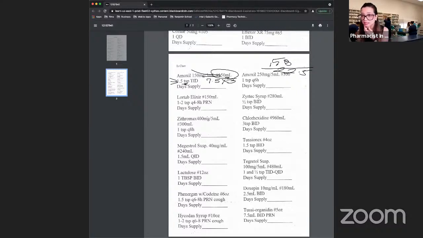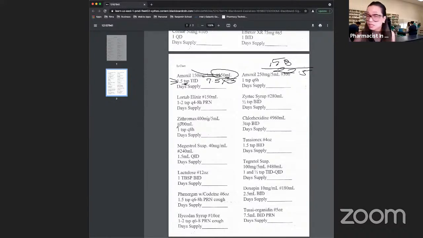Who said 6 days? Hands up. Yes, 6 days, because the final answer is 6.66666. It doesn't matter what the decimal is if we follow the round down. Drop that decimal because it's day supply. Good job. 6 days.